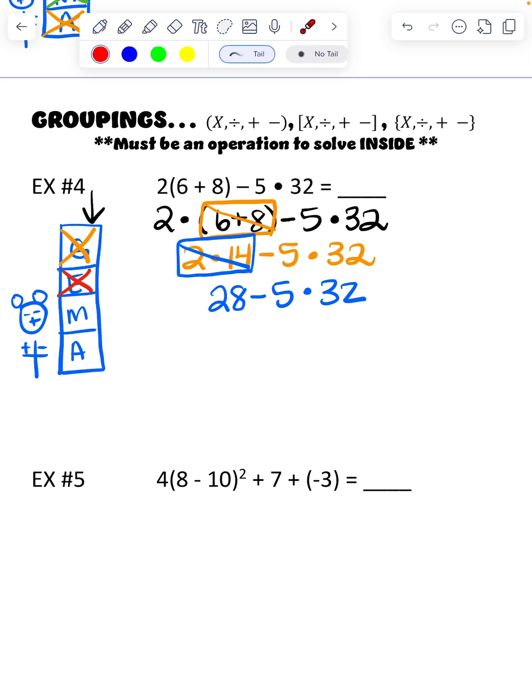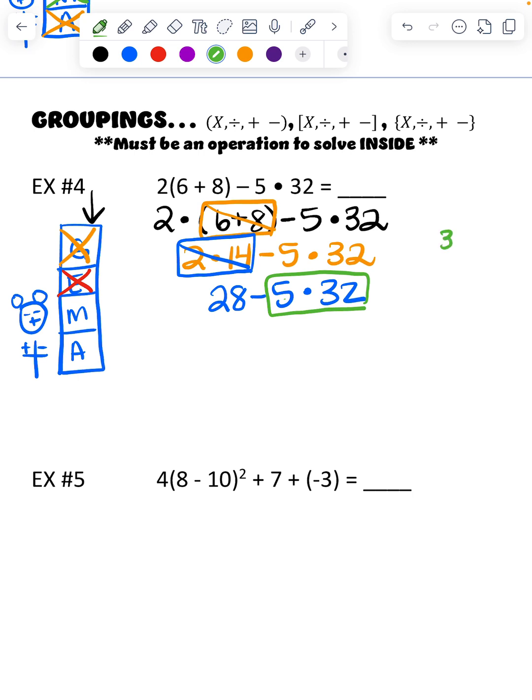I'm still looking for multiplicative relationships, so I'm still moving left to right. Is this multiplicative? No. But is this multiplicative? Yes. So I box my next problem. That's a positive 5 and a positive 32, so that's just regular multiplication.